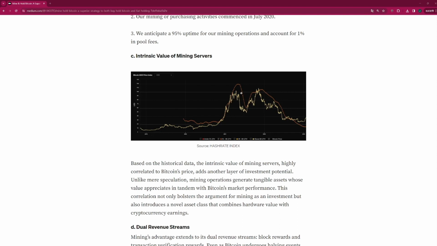And when Bitcoin gets higher, somehow the price of the mining servers might get even higher than Bitcoin itself, right? So the mining servers have intrinsic value. And also the BTC that you mined is BTC, right? So you get this kind of double exposure to the underlying asset, which is Bitcoin.